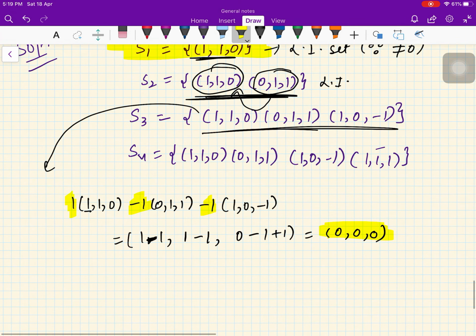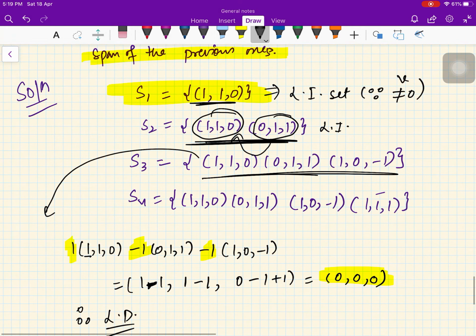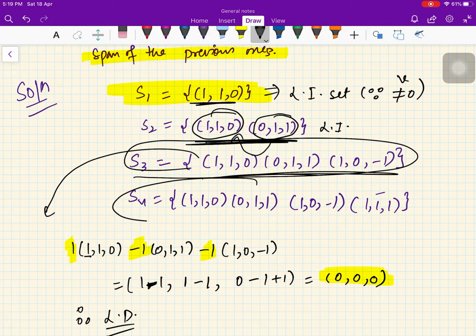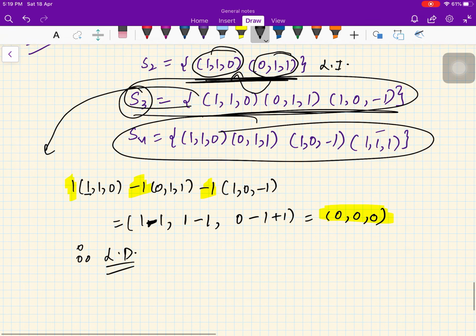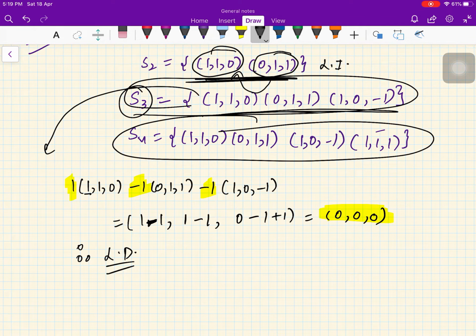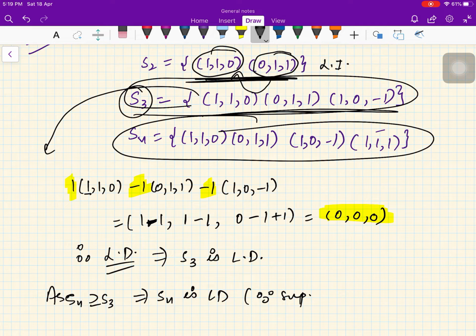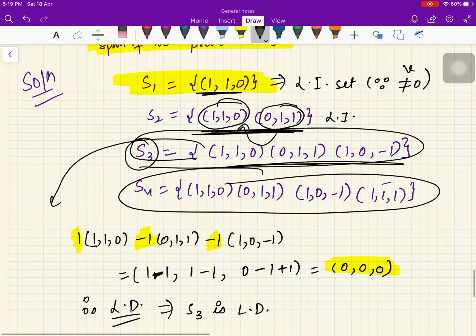So there is a combination 1, -1, -1 which makes this 0, therefore this is linearly dependent. So S3 is linearly dependent, and as S4 is a superset of S3, it implies S4 is linearly dependent, because supersets of linearly dependent sets are linearly dependent.